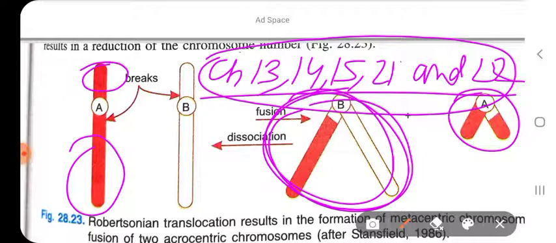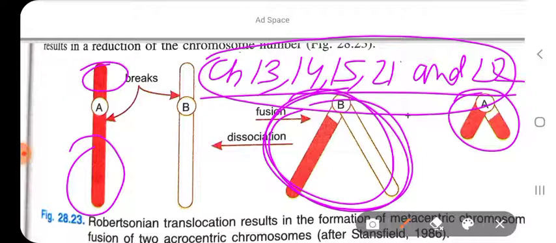Cytogeneticists believe that maybe 2 of the acrocentric chromosomes of these great apes, and great apes are of many types, like Homo sapiens, Homo erectus, Australopithecus, the Java man, all the ancient scientific names of the apes that we know, and one of them is Homo sapiens.